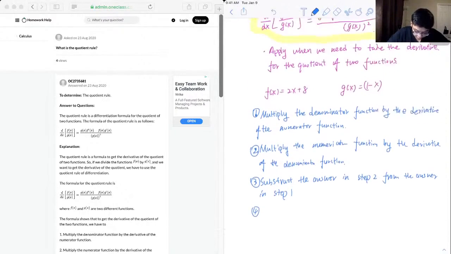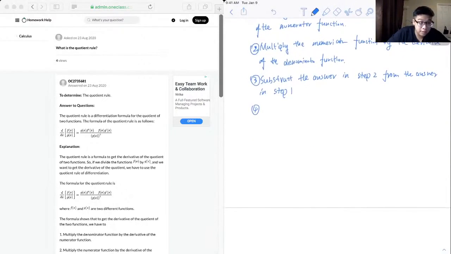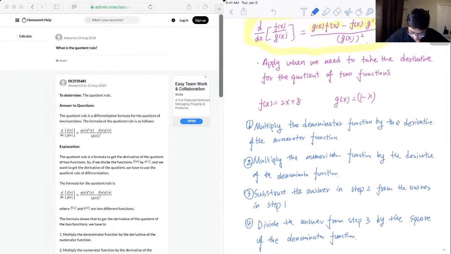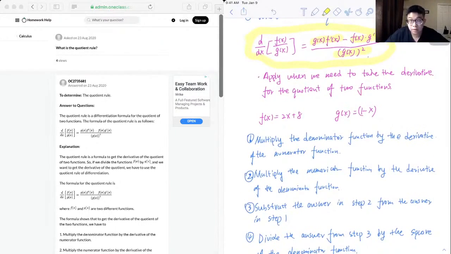After we're done subtracting, our last step is we need to divide the answer from step 3 by the square of the denominator function. Which corresponds to our g(x) squared we had earlier.